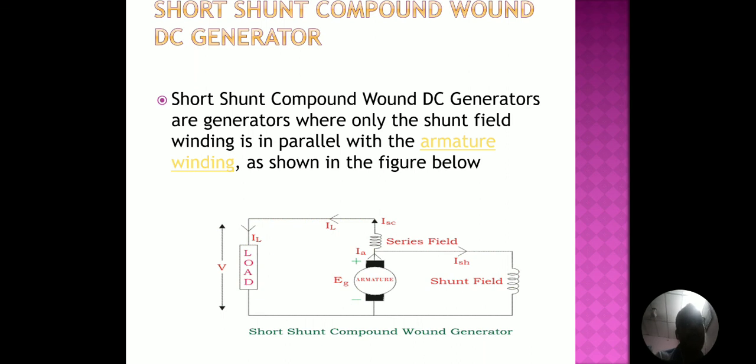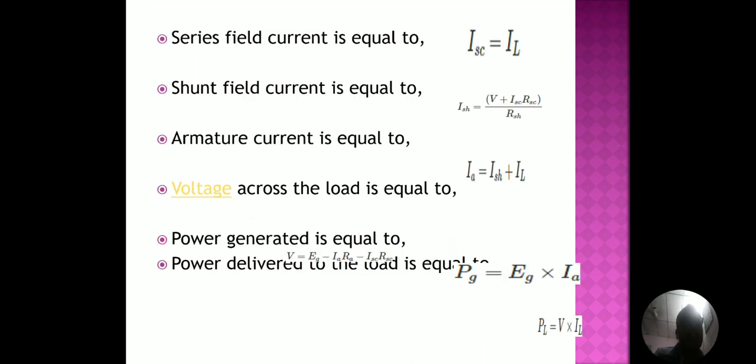And from this circuit diagram, the equations can be given as: series field current ISC is equal to IL. Shunt field current ISH is equal to V plus RSC into ISC by RSH.